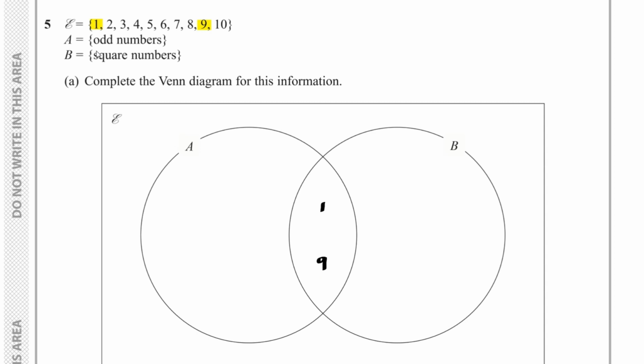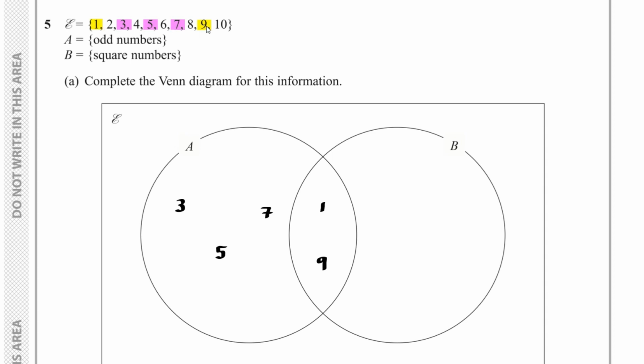What are the odd numbers then? Well, for the odd numbers, we have the 3, the 5, the 7. So we have 3, 5, and 7. What are the square numbers?